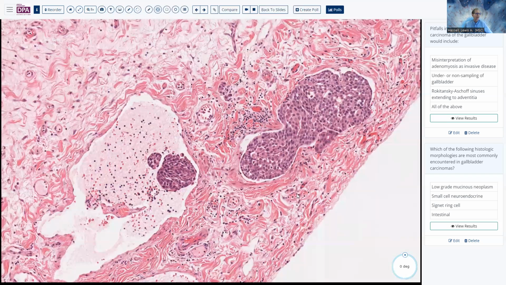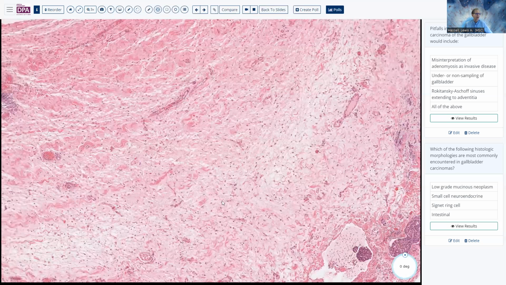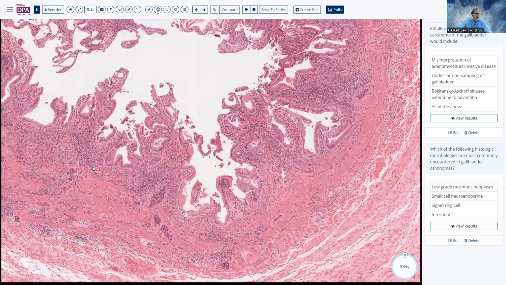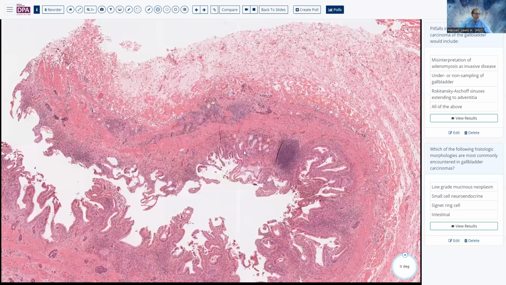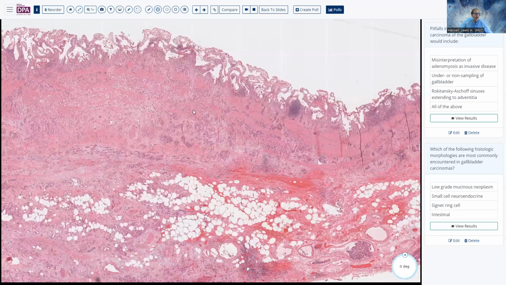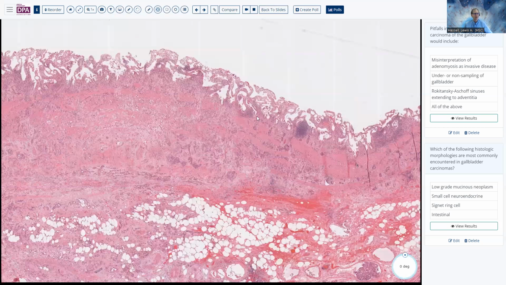But we can get a general phenotype of maybe CK7, plus or minus some CDX2, plus or minus some CK20 in some circumstances that will give you a clue that it's gastrointestinal. I don't think SATB2 has been used very much in gallbladder carcinoma, so I'm not sure of its reactivity.